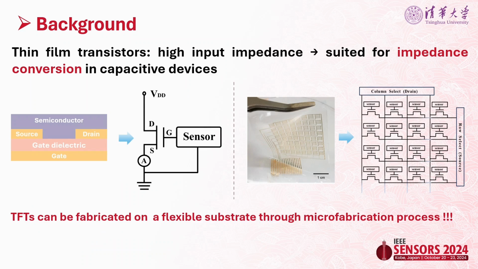In our work, we think integration with thin film transistors, that is TFTs, might be a promising solution. TFTs have high input impedance, making them suited for impedance conversion in capacitive devices. In addition, TFTs can be fabricated on a flexible substrate through microfabrication processes, making them suitable for skin-based measurement.